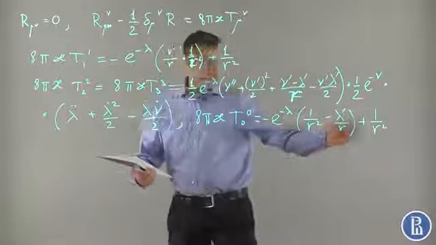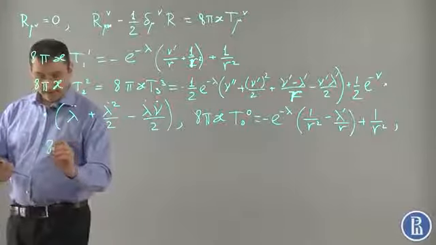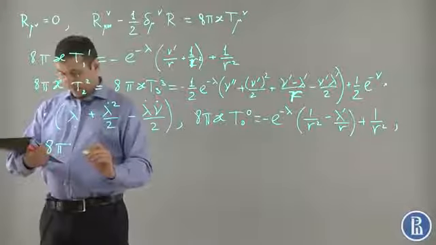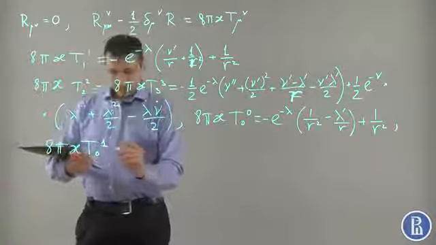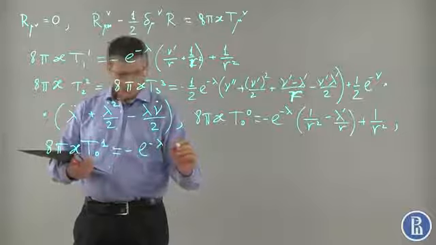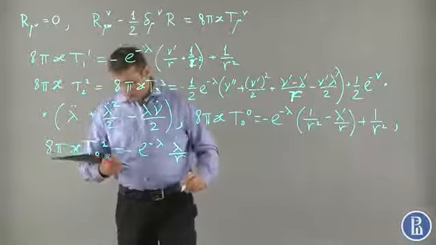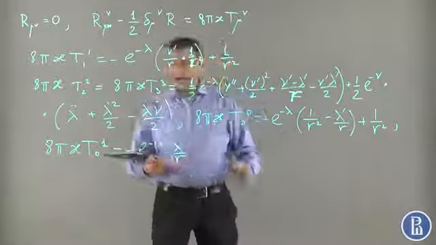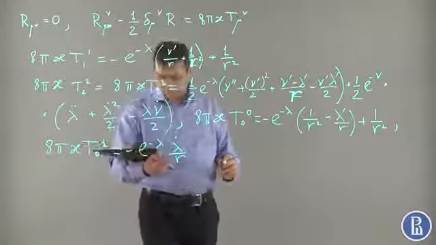And the last equation, 8 pi kappa T01 is equal to minus exponent of minus lambda times lambda dot over r. So we have written these equations as if T mu nu is not zero.